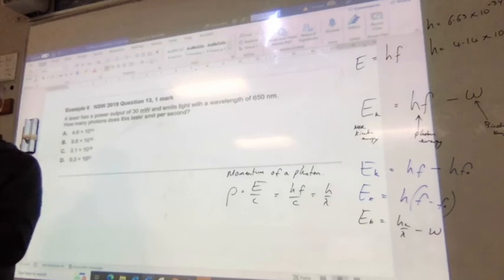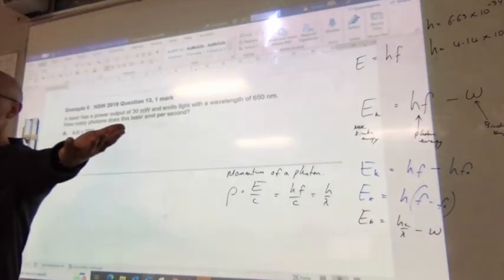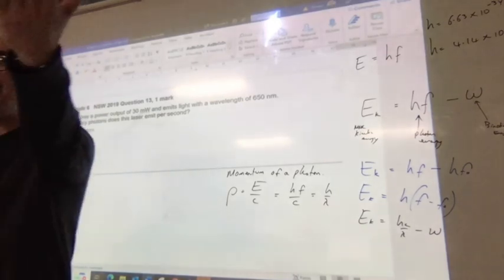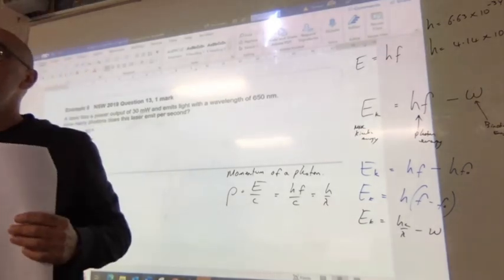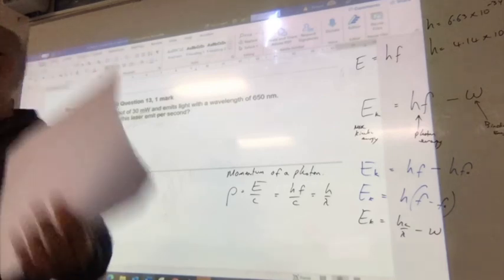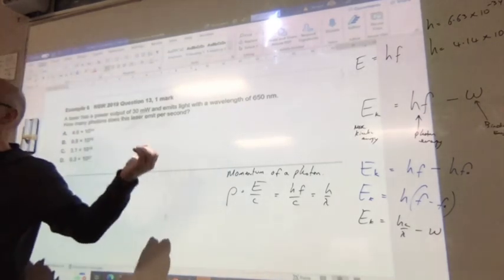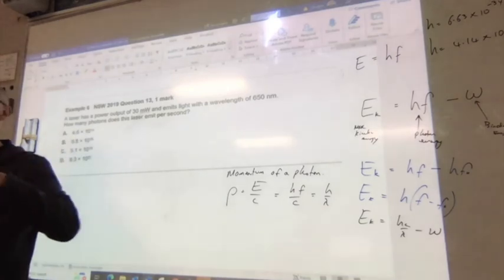Then you say to yourself, well, I know how much energy is coming out of the laser, 30 millijoules per second. Divide that by how many joules each photon has. That tells you how many photons are coming out every second. It initially looks like a kind of tricky question, but when you know what it's actually asking, it's super simple.